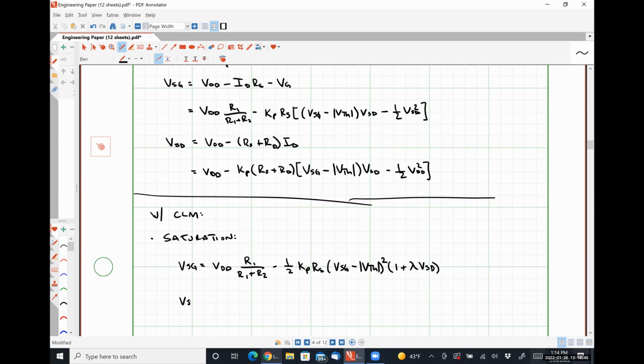And our second equation is VSD is equal to VDD minus 1/2 KP times RS plus RD times the quantity VSG minus the absolute value of VTH, squared, times 1 plus lambda VSD. Solve these two, and we're good to go.